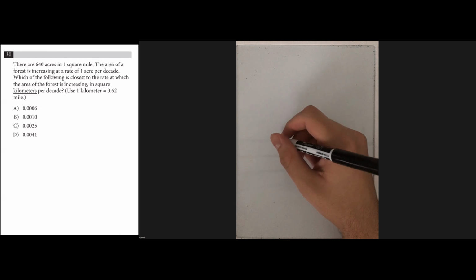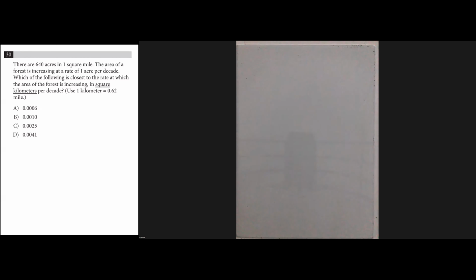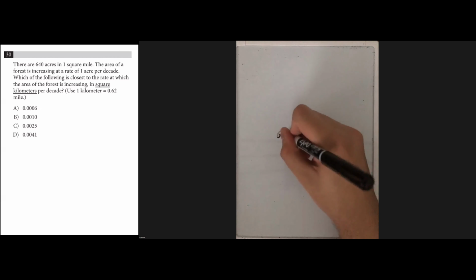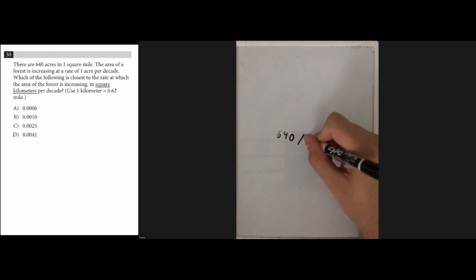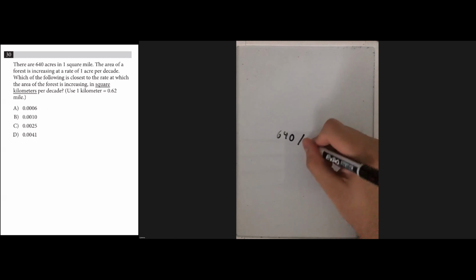And then it says use 1 kilometer is 0.62 miles. So the first thing we need to do is convert the 640 acres per square mile. Well, I should just write it like this. 640 acres per mile squared into how many acres per kilometer squared.